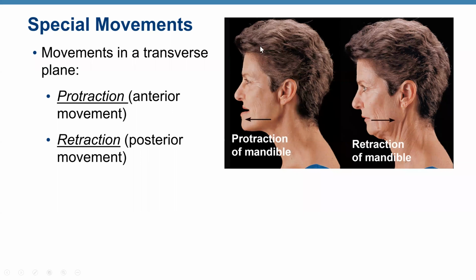Protraction and retraction, it can be with your mandible. Protraction is anterior movement to the front. Right, so protraction and retraction, you go back. You can also protract your tongue, take it out, and retract your tongue. Protraction and retraction you also can do with your scapula.